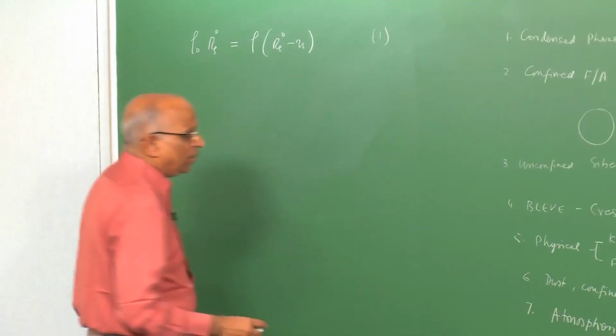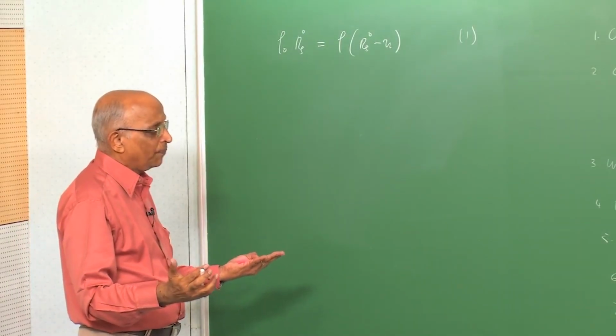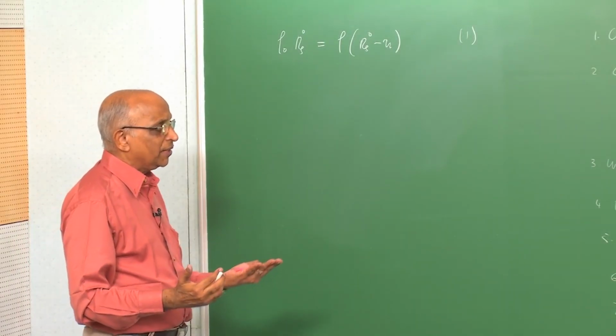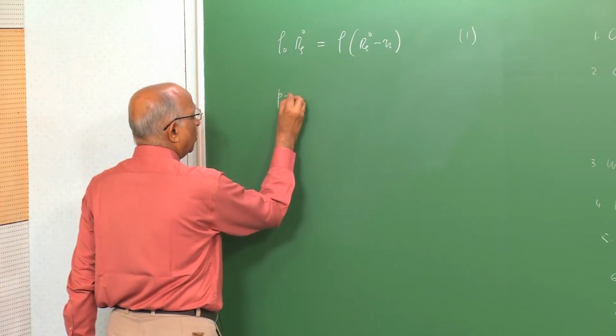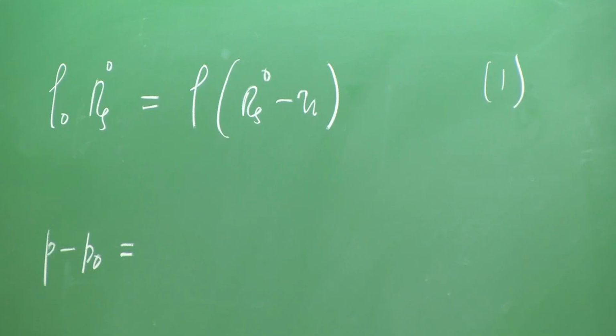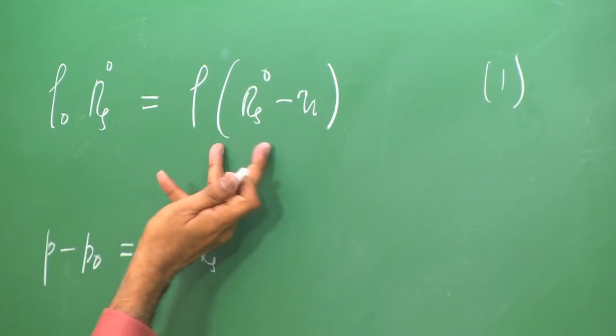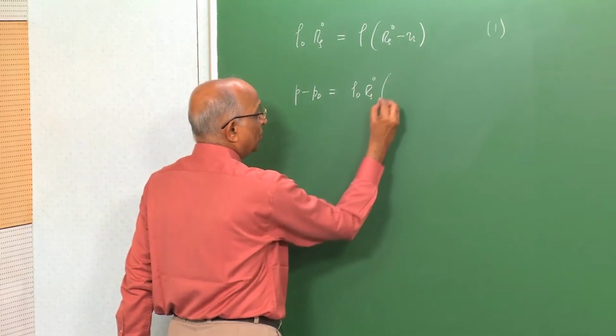What is the momentum equation? Rate of change of momentum is equal to the impressed force. You are considering unit surface area, therefore, force is pressure, and the pressure increase is equal to P minus P0. Where does it come from? It comes from the mass flux, that is rho 0 into R_s dot, which is the mass flux, into the change in velocity.